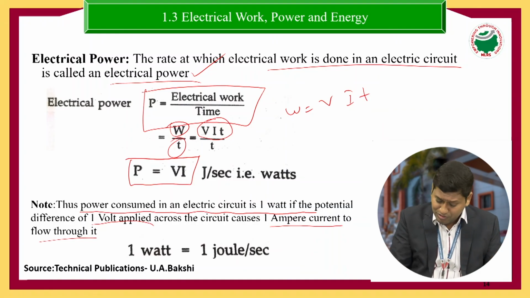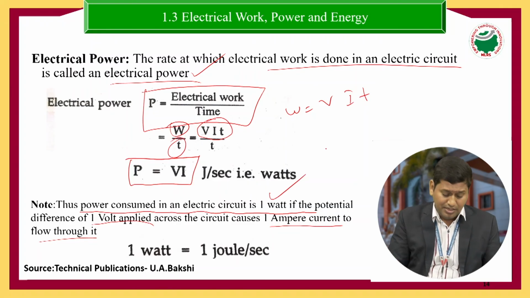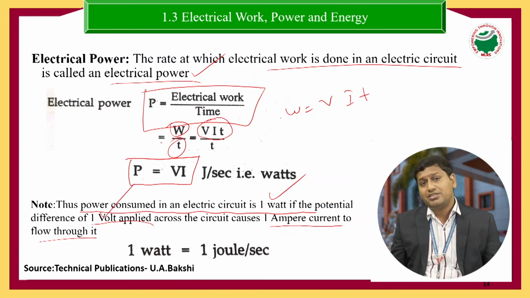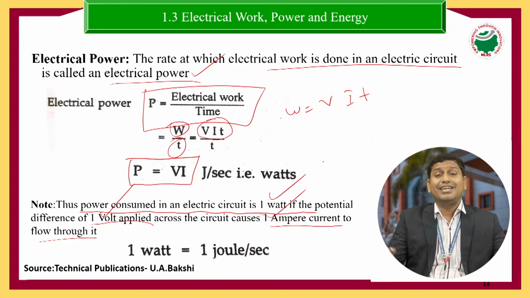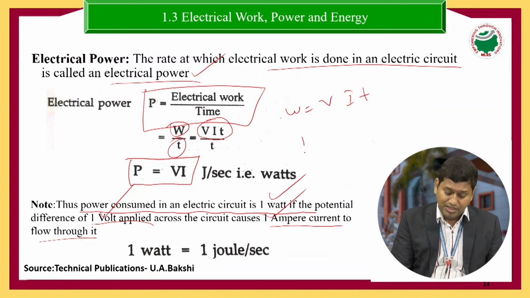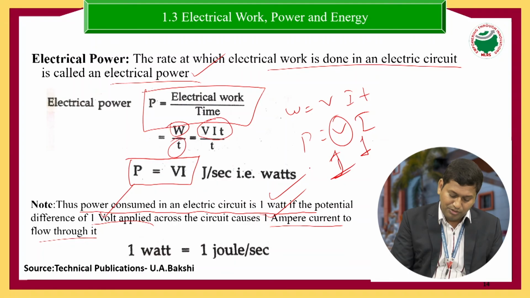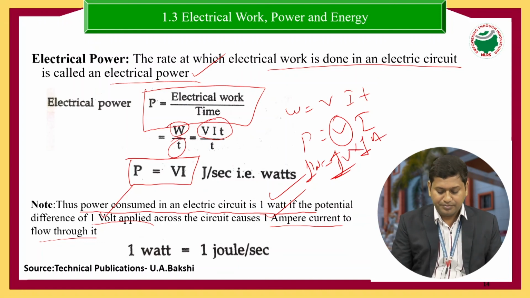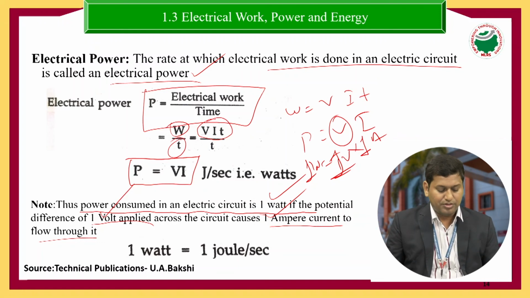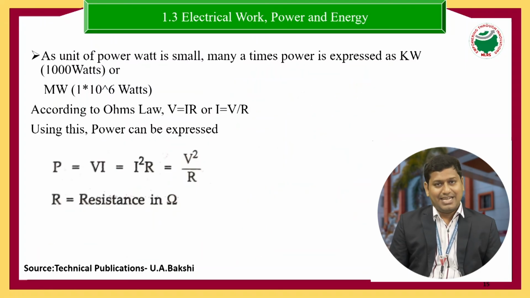Suppose I am saying that power consumed is 1 watt, then the potential difference applied is 1 volt and the current is 1 ampere. Since P equal to V into I, with V is 1 and I is 1, obviously I am going to get 1 W. 1 watt is equal to 1 volt into 1 ampere. So this is all about electrical power. So 1 watt is equal to 1 joule per second.